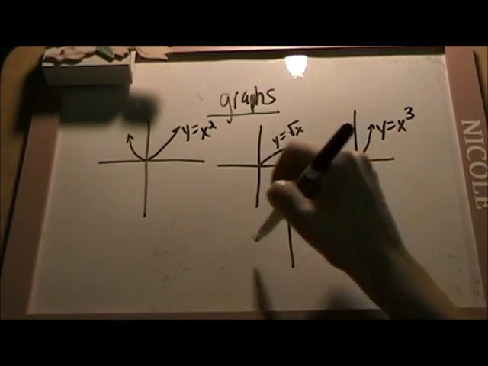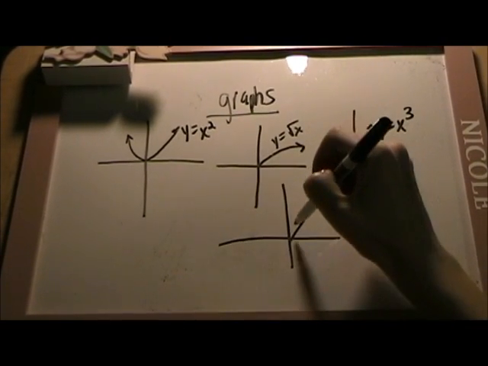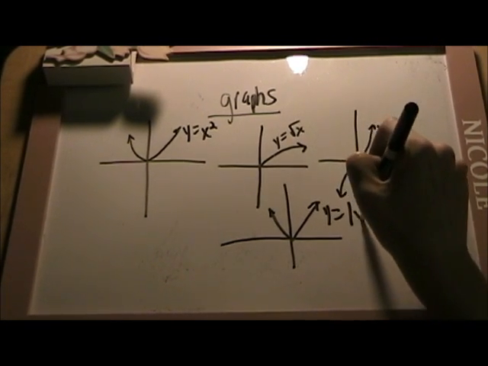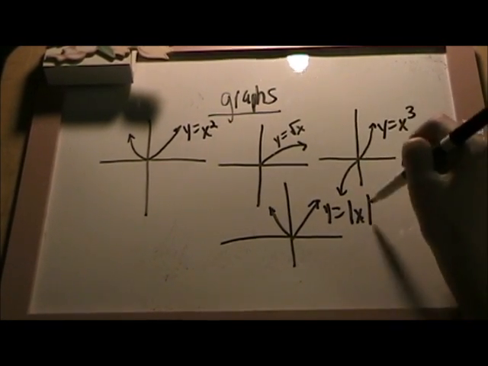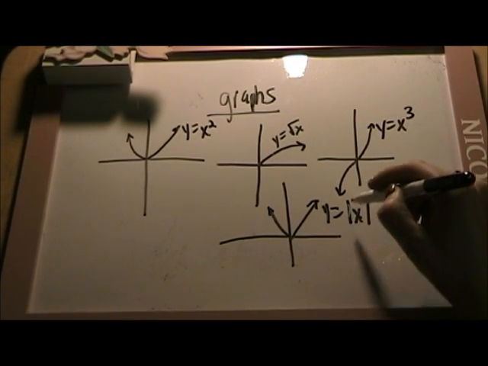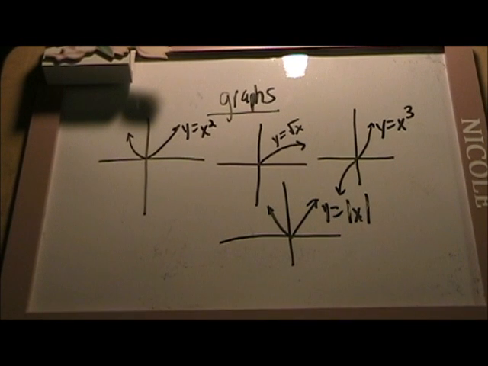Or we can even have things like y equals absolute value of x. Okay. Even though the power is 1, okay, for x, the absolute value, okay, changes the graph compared to y equals mx plus b.